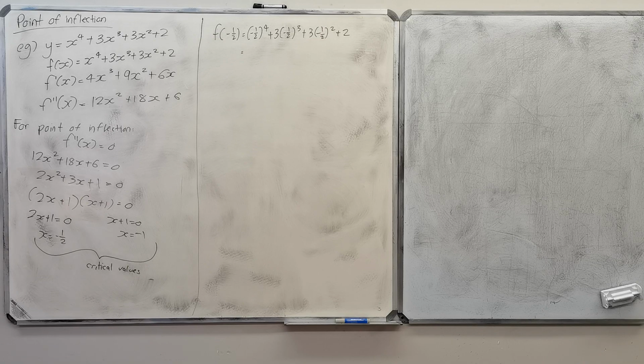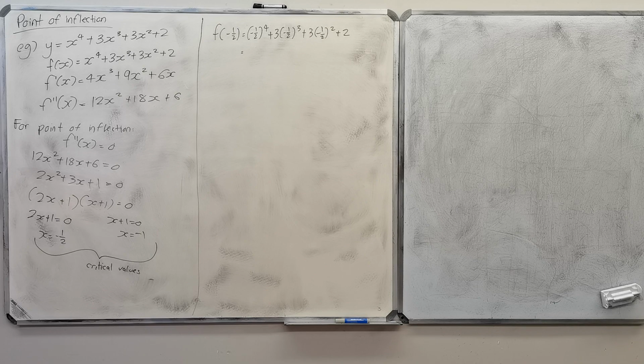1 over 8. What's 1 over 16 plus 3 over 8 minus 3 over 8.